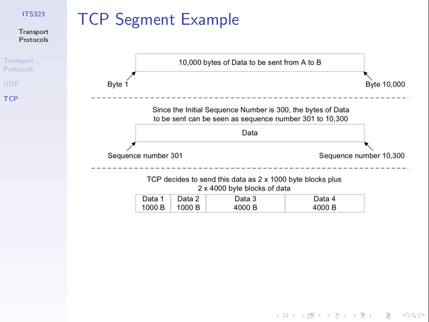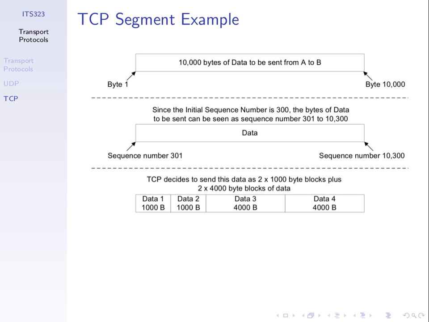The conceptual way to think of how TCP uses sequence numbers is that each byte gets a sequence number. The first byte would be sequence number 301. Why 301? Because A chose an initial sequence number of 300 here, and the ACK that came back was 301, saying B expects the first byte to be 301.